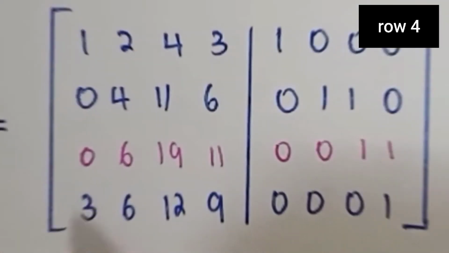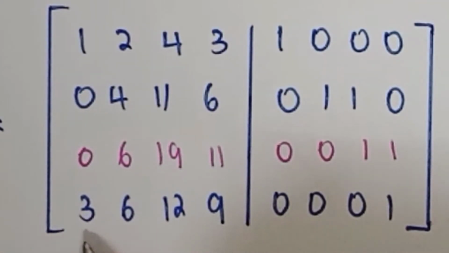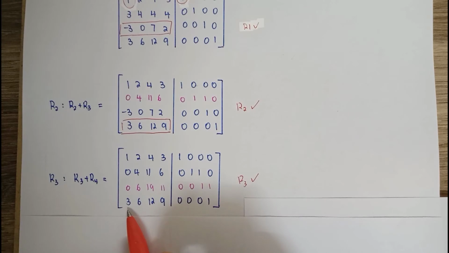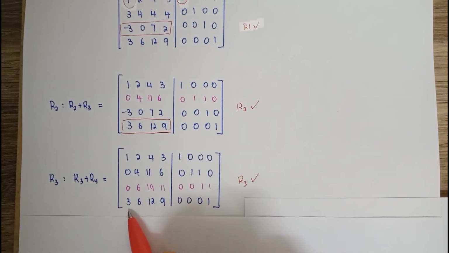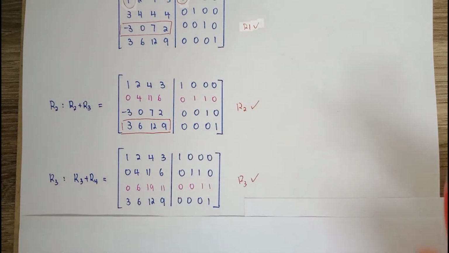We now move on to the fourth row. In the fourth row, we want it to be 0. The second row and third row are 0 already, so they can't be used. We only use the first row to let the fourth row become 0. So we add the fourth row with 3 times the first row.